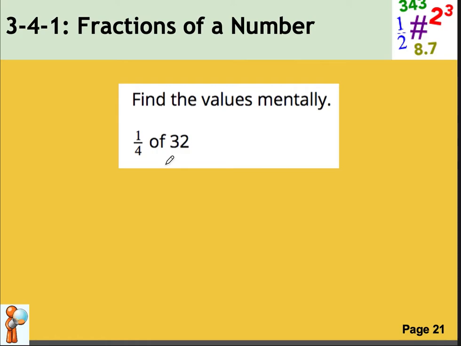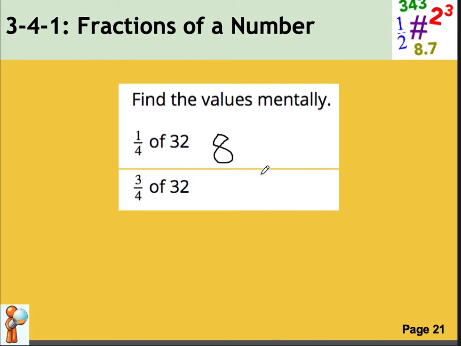And then it becomes 32 divided by 4. You may have worked it out a different way. You may think about what times 4 gives me 32. And our answer here is 8.